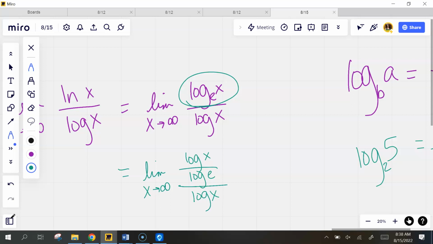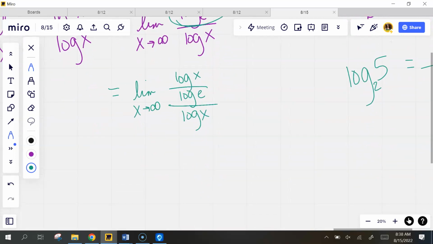See anything that happens now? Those log x's are going to cancel out, right?